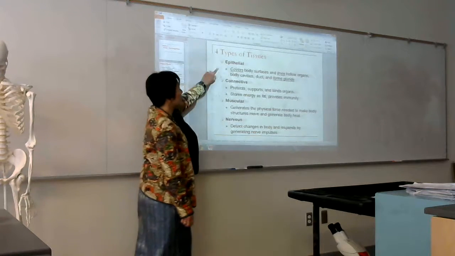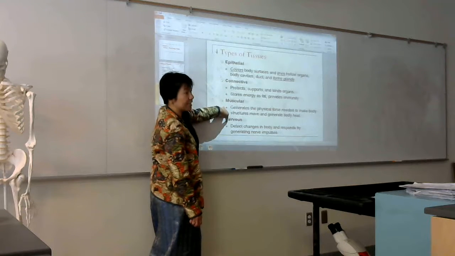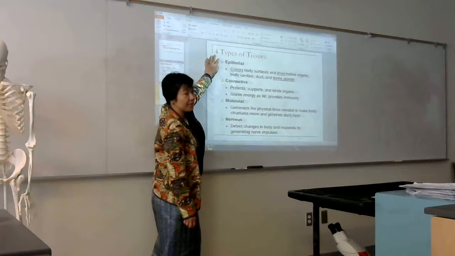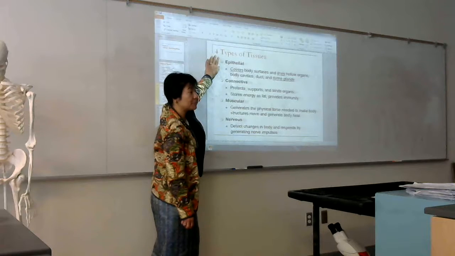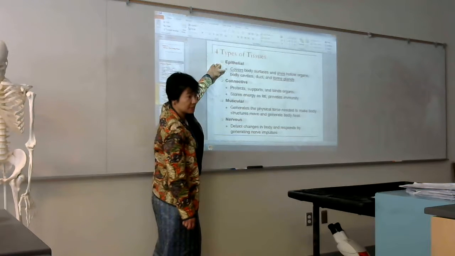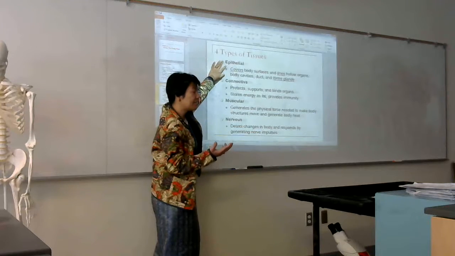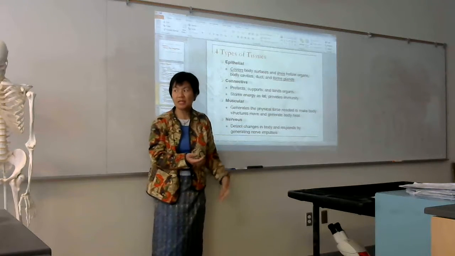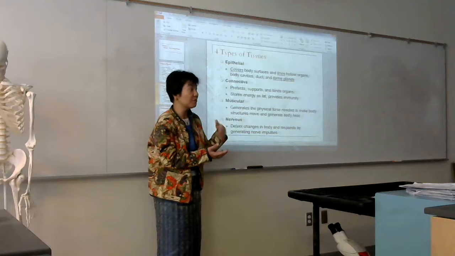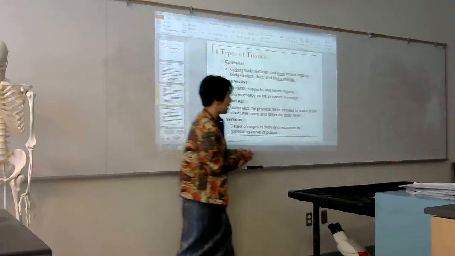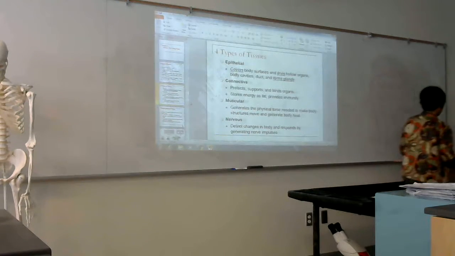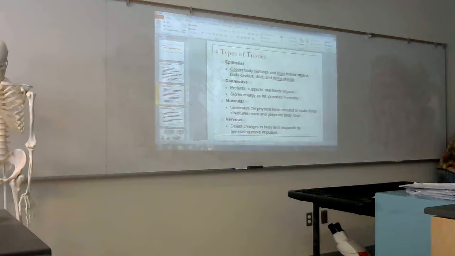So look at what epithelium does. Of these tissue types, only epithelium is visible to the eye because this is the one that covers and lines, which means any part of the body where there is an exposed surface, you know that's epithelium. Like in your GI tract, right here, your stomach.